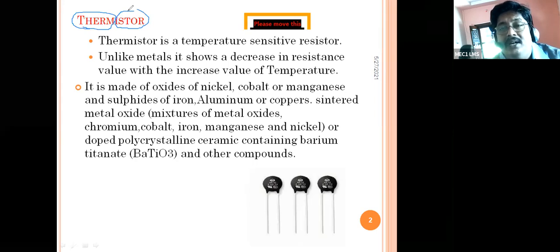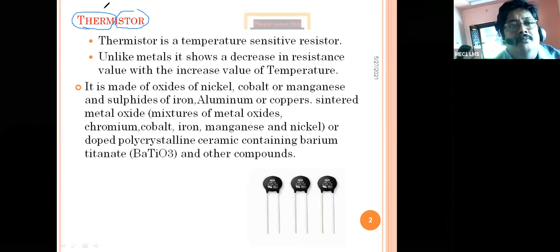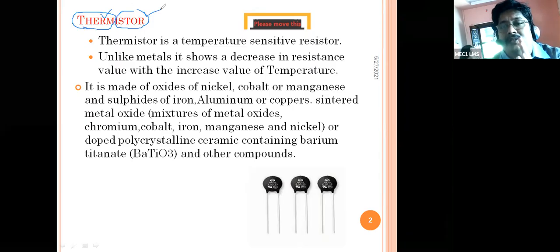What is the function of the resistor? Anybody? Thermistor: the word THERM is thermal, and ISTOR is resistor. It controls the electric supply, resistance to flow of current. Right, all are right. It controls the supply of current.